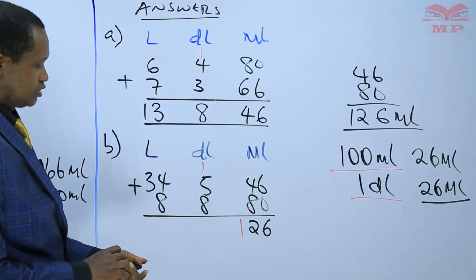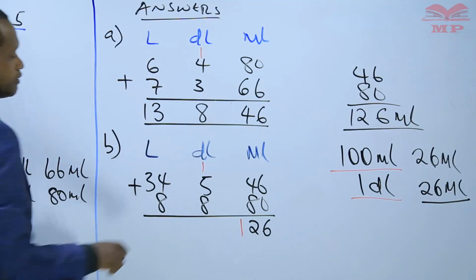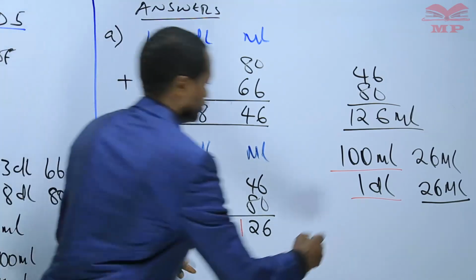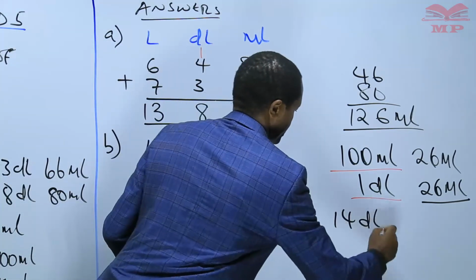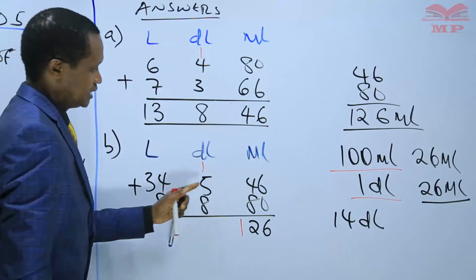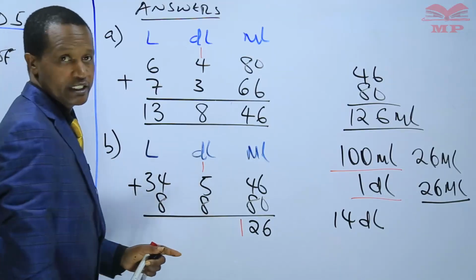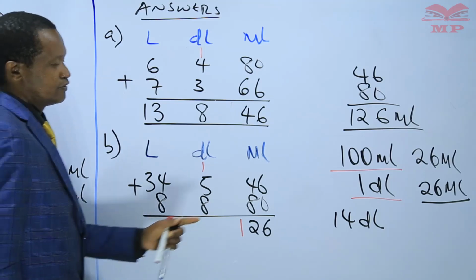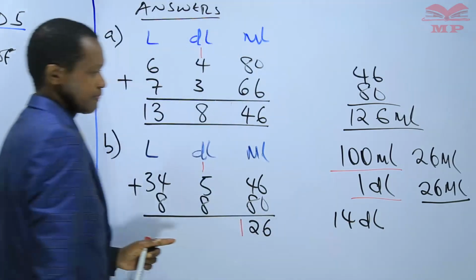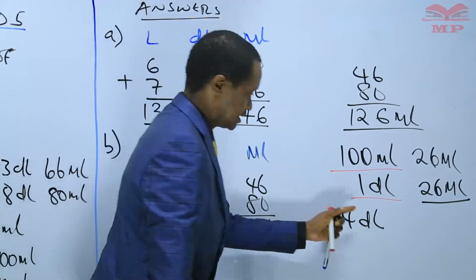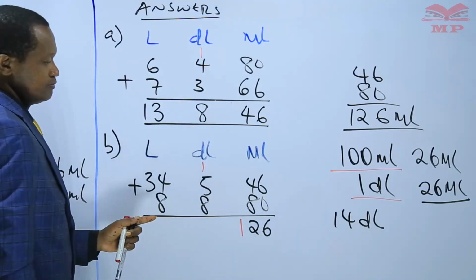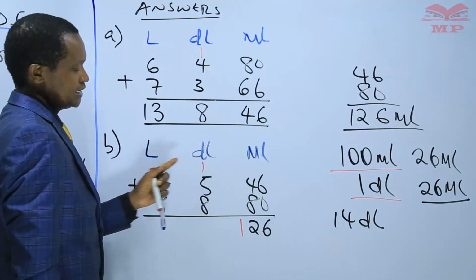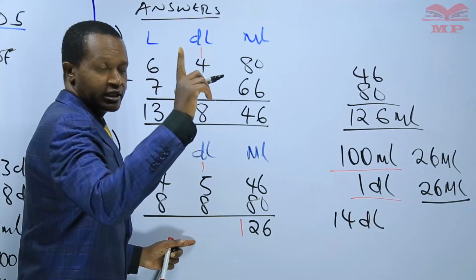This will be equal to 14 deciliters. But learners, we know 10 deciliters make 1 liter.